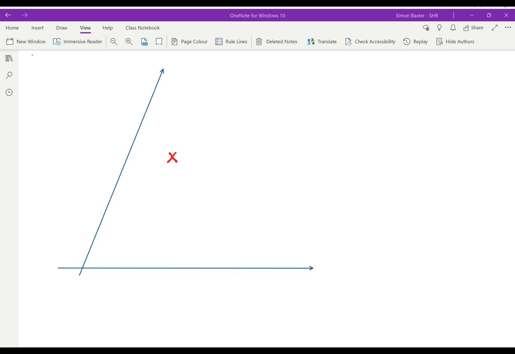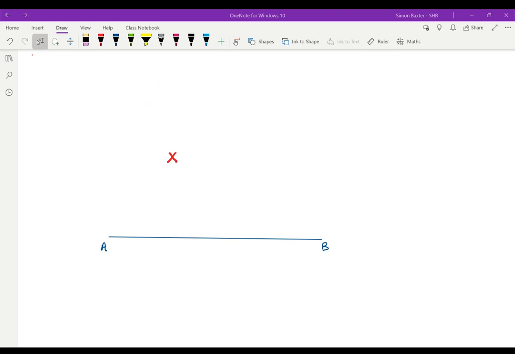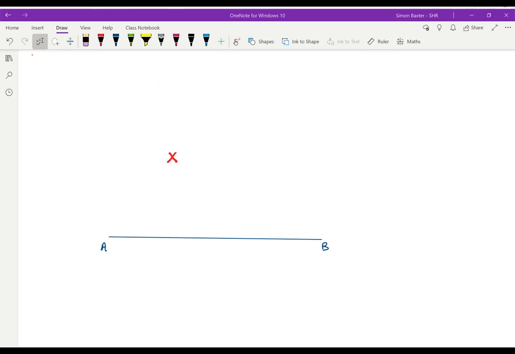How else could we describe the position of that point? To describe the position of the point, we do need to start with some framework. We've just had Cartesian axes and then axes which were at an angle, not 90.